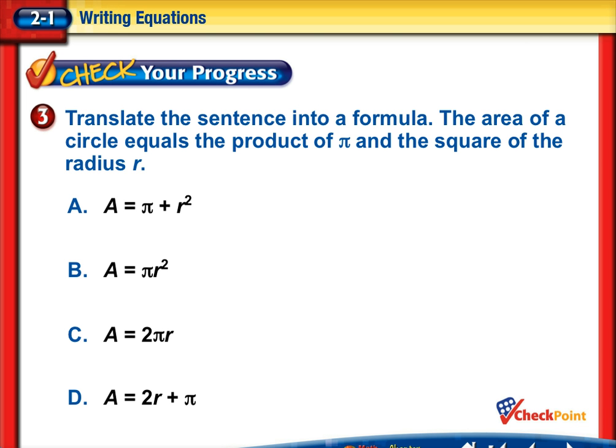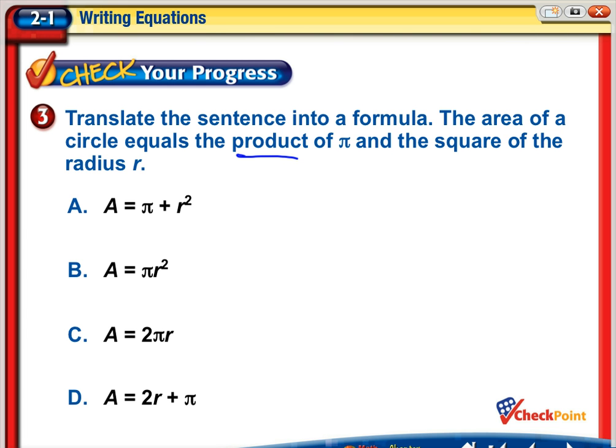Which one fits the description here? Who said A? No, wait. See? Read the problem. A involved the sum, addition, right? Do I see any addition or a sum here? No. What I'm saying is the product. B. Okay, look. Listen carefully before you finalize your answer.